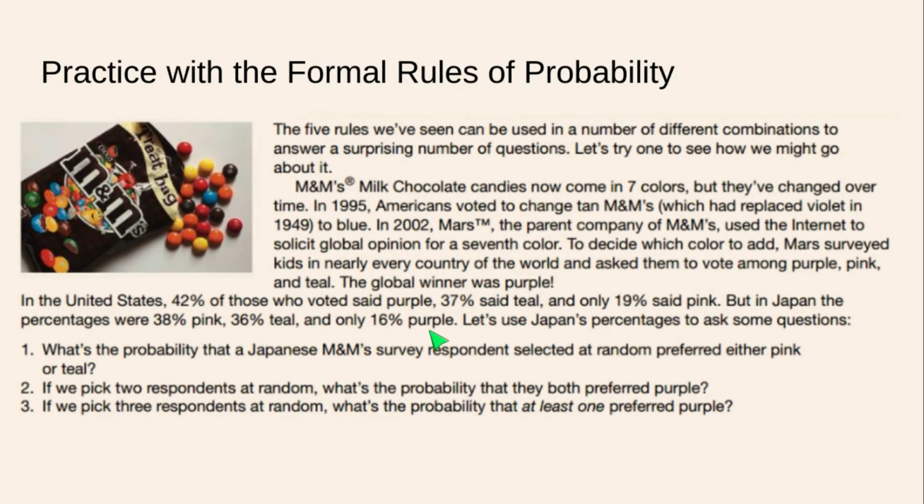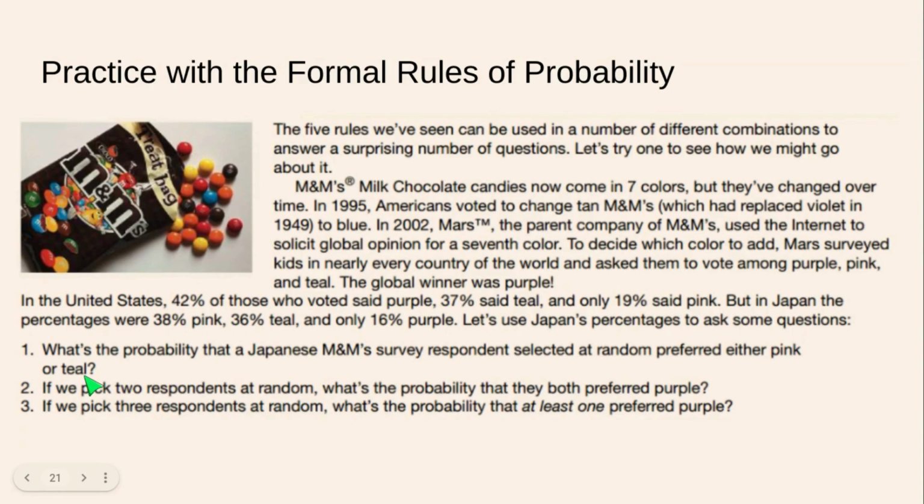And interestingly, these percentages do not add to 100%. They actually only add to 90%. We need to keep that in mind. Let's use Japan's percentages to ask some questions. What is the probability that a Japanese M&M survey respondent selected at random preferred either pink or teal? Okay, so that's an or statement. So we need to use addition rules there.